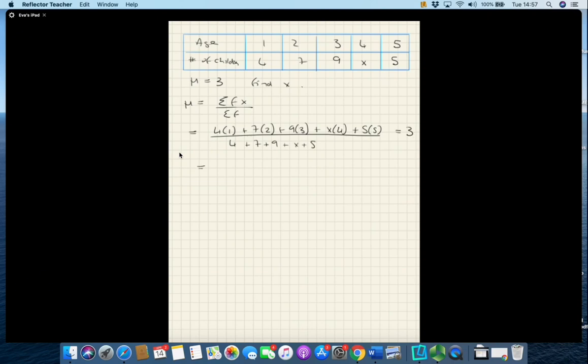So 4 1s are 4, plus 7 2s are 14, plus 9 3s are 27, plus 5 5s are 25. So on the top I'm getting 70 plus 4x. On the bottom I'm getting 4 and 5 is 9, and 9 is 18, and 7 is 25 plus x, and that's equal to 3.